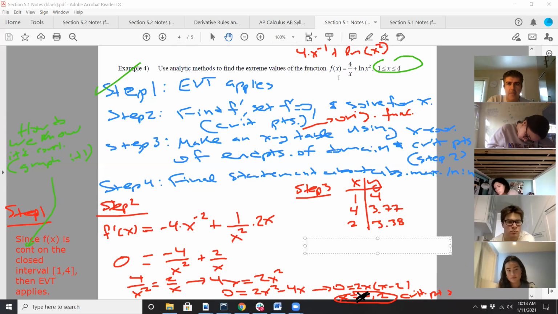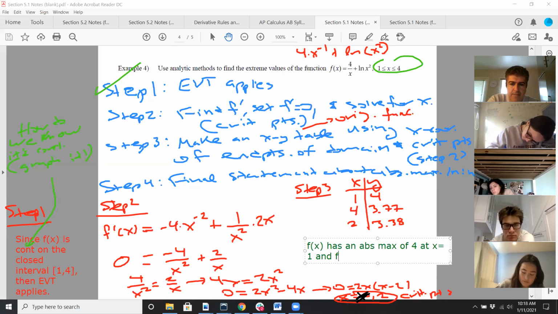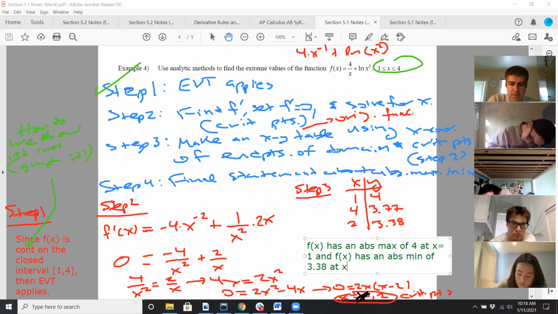space here. And let me do a different color so it kind of stands out. I'll do it in a forest green. You make your final statement. f of x has an absolute max of 4 at x equals 1, and f of x has an absolute min of 3.38 at x equals 2.